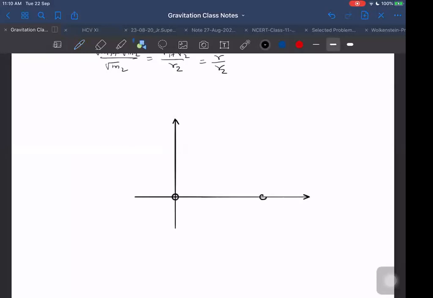One mass was here, another mass is here somewhere. And this is R, 0. This is 0, 0. This is X and this is Y.